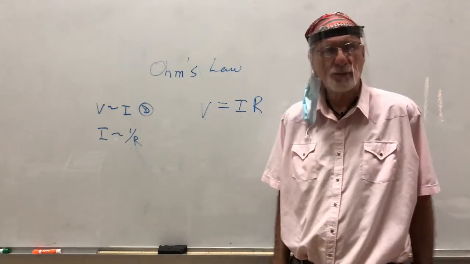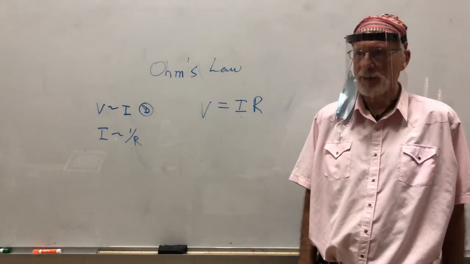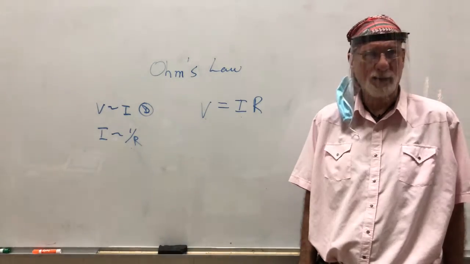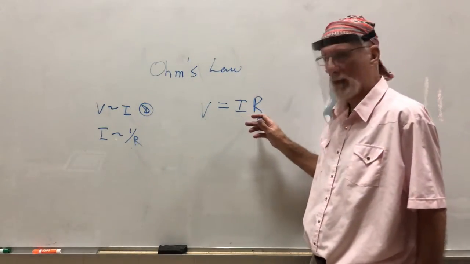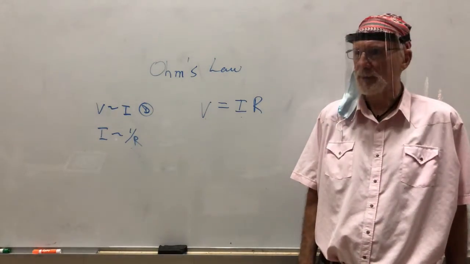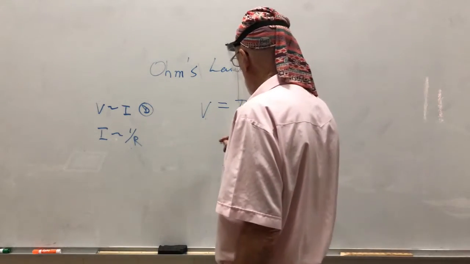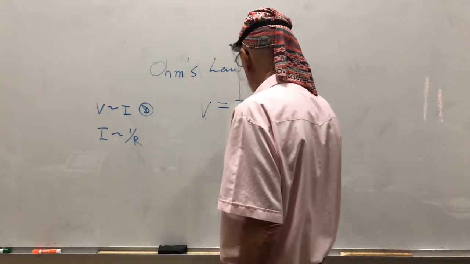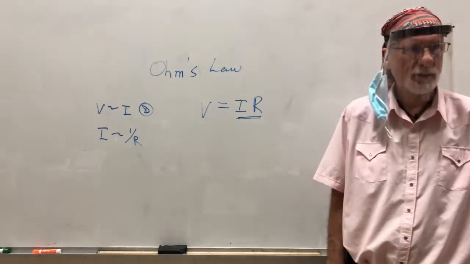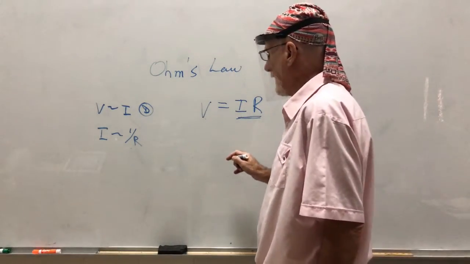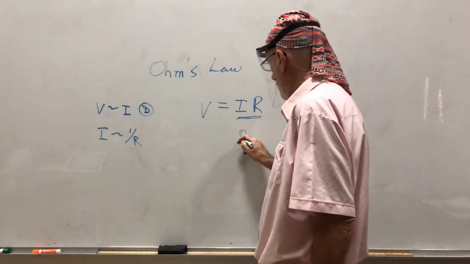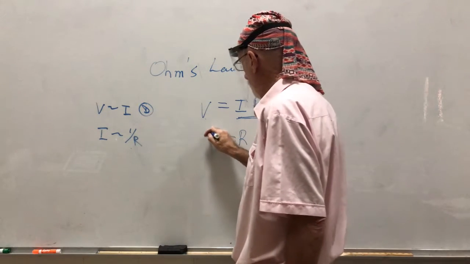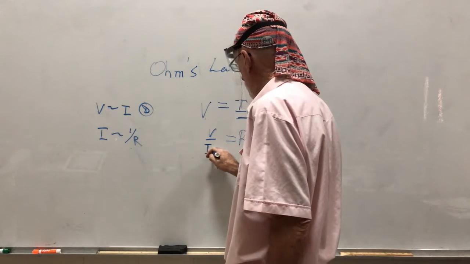Right? Why are they indirect? They're products. Correct? So I could say V equals IR.